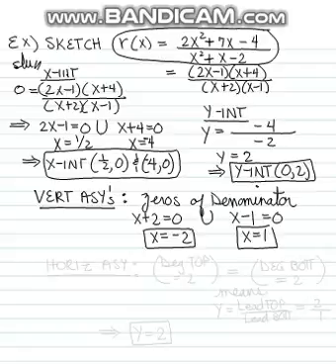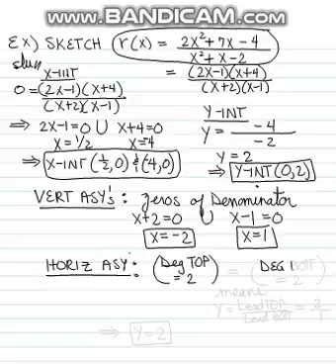Next, we'll find our horizontal asymptotes. Those are different. We're going to compare the degree of the top and the degree of the bottom. The degree of the top of our given rational function is equal to 2. It was a second degree numerator, and we're going to compare that to the degree of the bottom of our original problem, which is also a second degree polynomial.